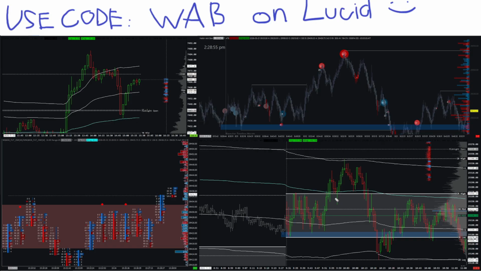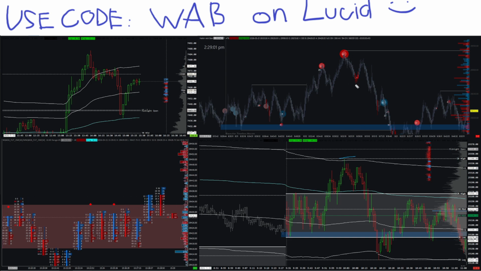I think I was up like 50 points up here. Given that context, I was able to feel comfortable just exiting right here when I saw these big sellers show up. So that was the first trade of the day.